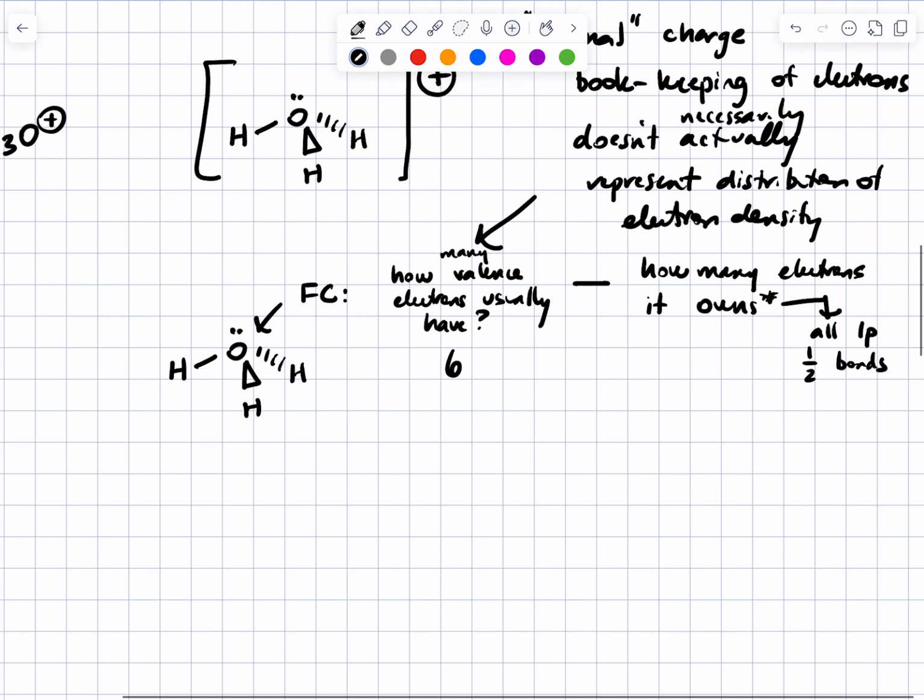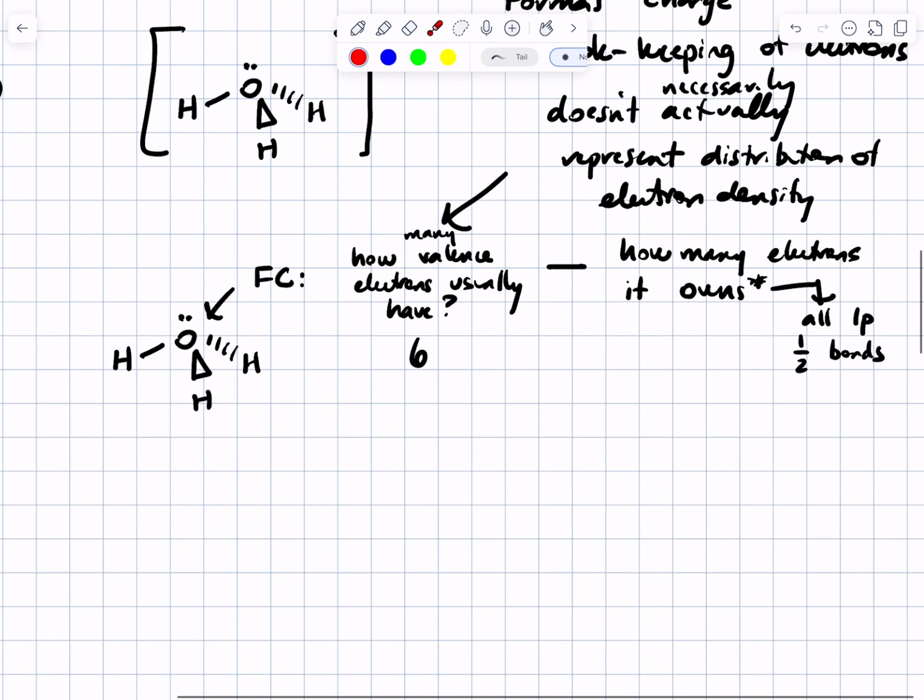So for this oxygen, if we zoom in on it, how many electrons does that oxygen own? There's 1 lone pair, so 2, and then there's 3 bonds. Each bond represents 2 electrons, so half of the electrons in bonds, 1, 2, 3, 4, 5. So we would say that oxygen owns 5 valence electrons, and therefore it has a +1 formal charge.